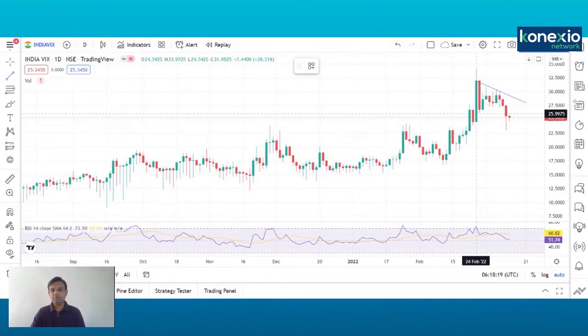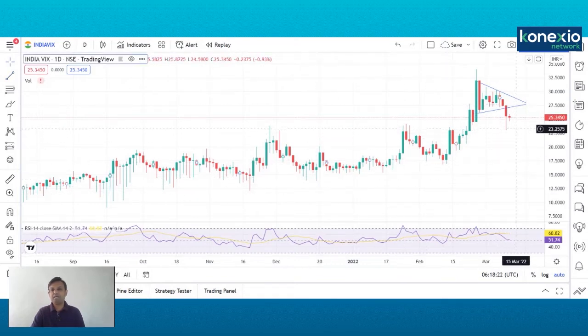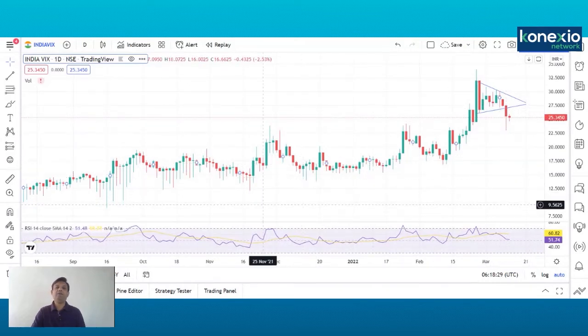Now this has seen a breakout on the downside. So now we are expecting India VIX to again retest the levels of 17 to 15, maybe in the next 2 to 3 months. When the India VIX corrects, it has a reverse impact on the markets.